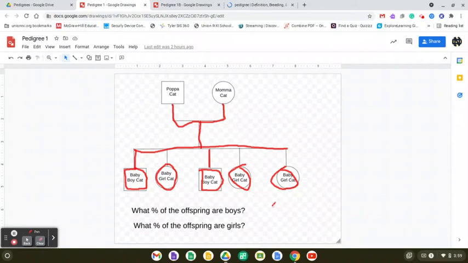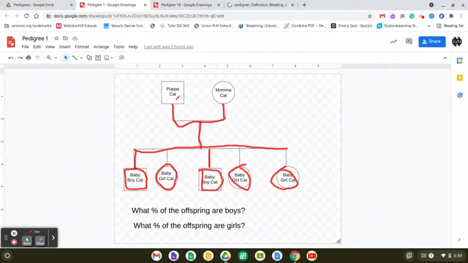When we're looking at a pedigree, you're usually going to have circles and squares, sometimes triangles, that represent the parents and then the offspring. Very seldom are you going to have actual words inside of them. You're going to have a table over here, which we'll see in just a minute.